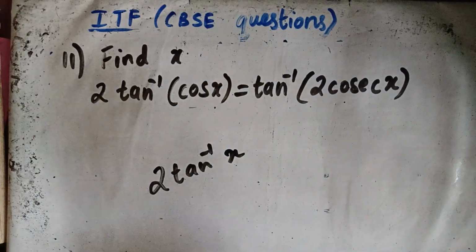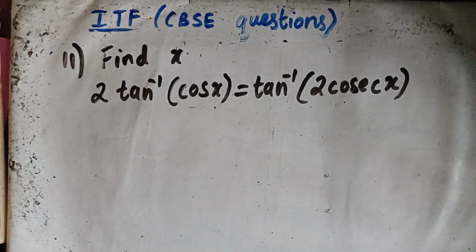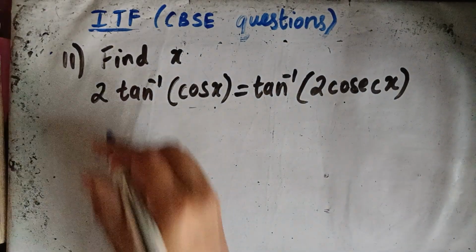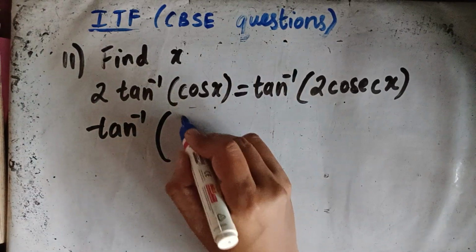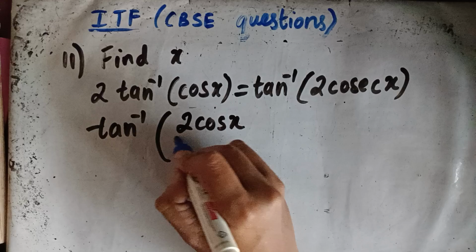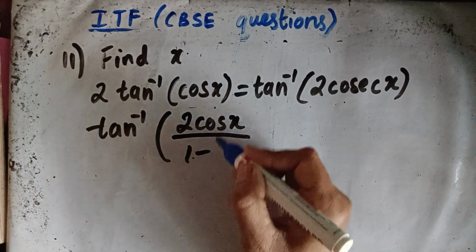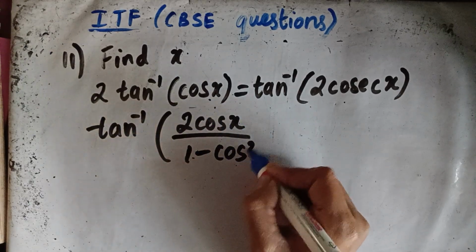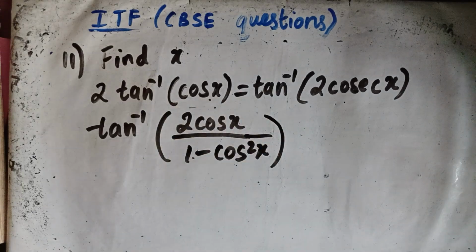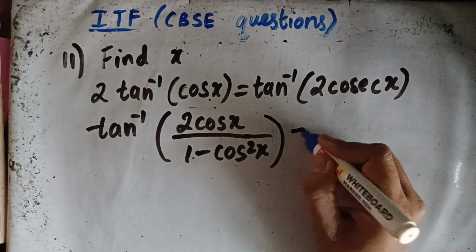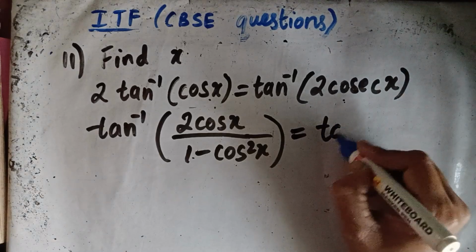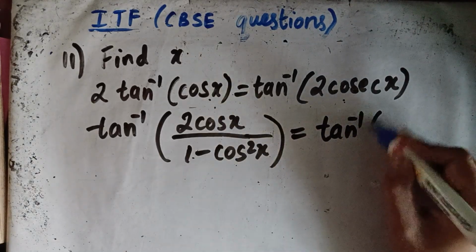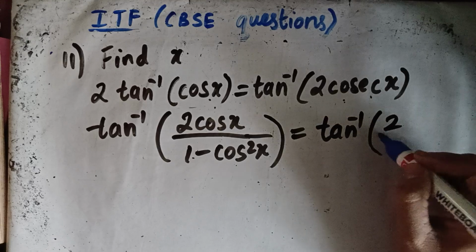Using the formula, 2 tan inverse of x gives tan inverse of 2x upon 1 minus x square, that is 2 cos x upon 1 minus cos square x. Here it is tan inverse 2 cosec of x, that we have to keep as it is. Cosec of x you can convert into sine.